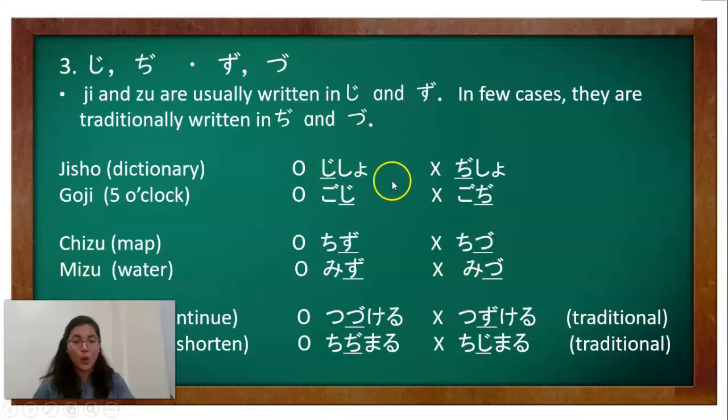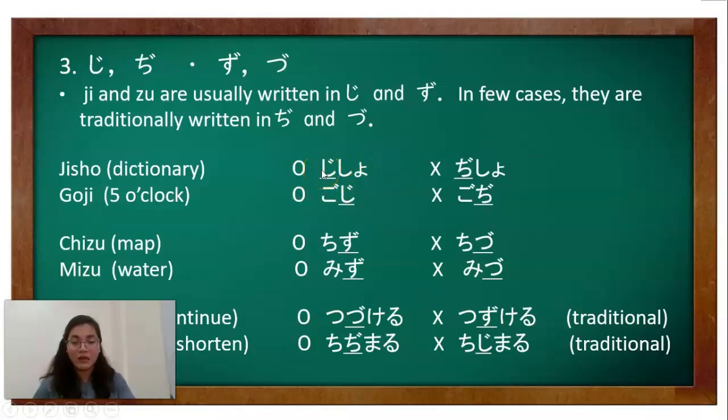Jisho. But if you write it using this ぢ and show, actually this is wrong. Remember that although they have the same reading or pronunciation, they have different functions and meanings.